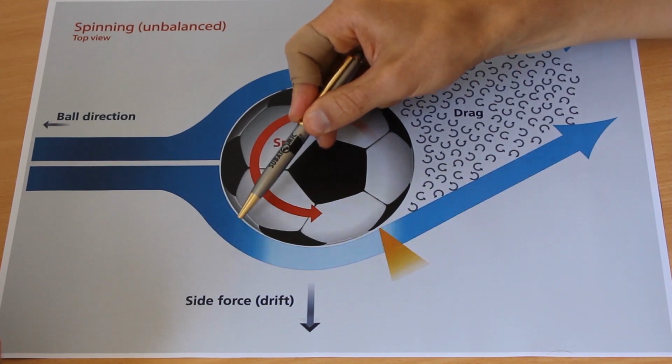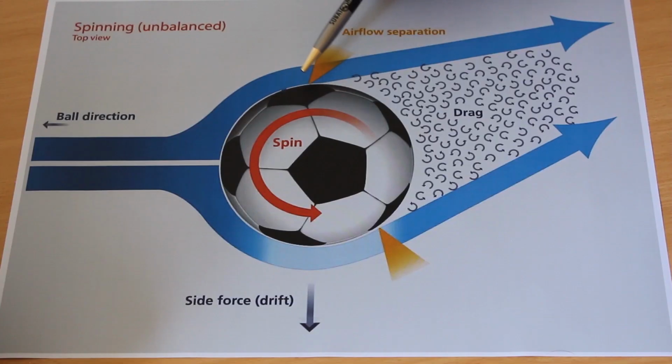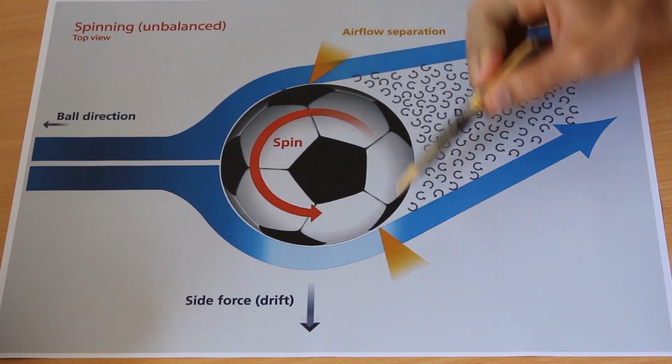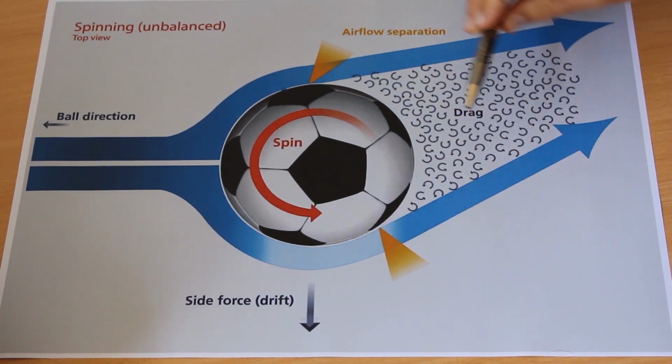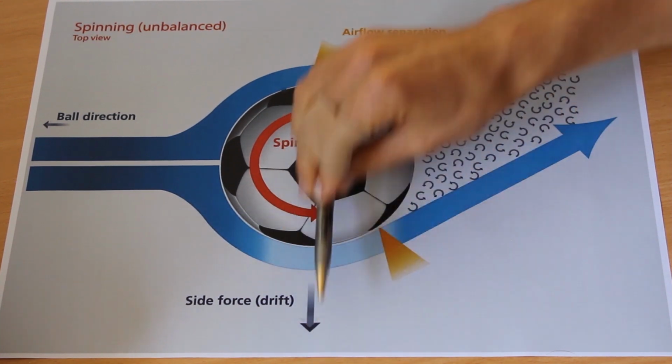Because the boundary layer particles are more spread out on this side of the ball as compared to this side of the ball, the boundary layer separates later on this side relative to this side. This creates an asymmetric wake and consequently pushes the ball in this direction, allowing it to swerve.